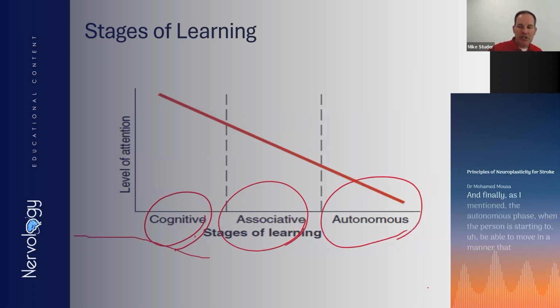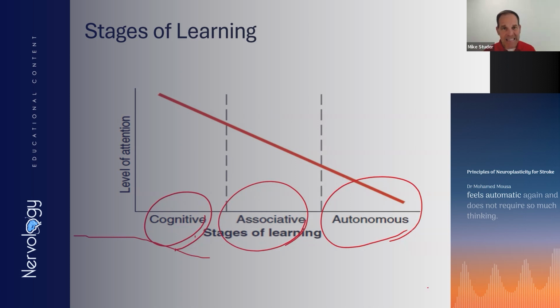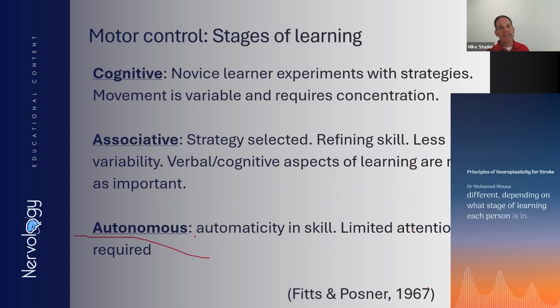And finally, as I mentioned, the autonomous phase, when the person is starting to be able to move in a manner that feels automatic again and does not require so much thinking. We have to understand that our approach to promote neuroplasticity is going to be different depending on what stage of learning each person is in.